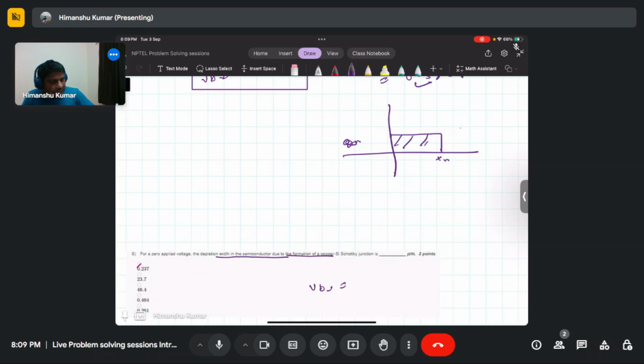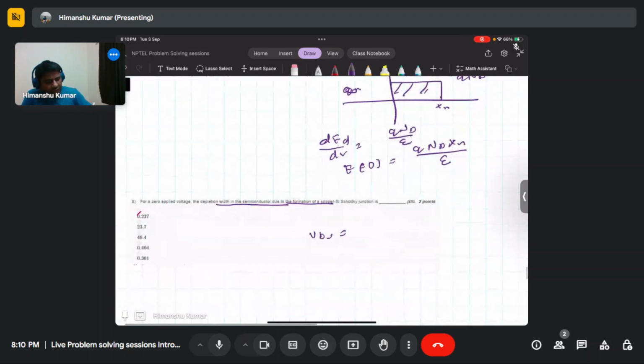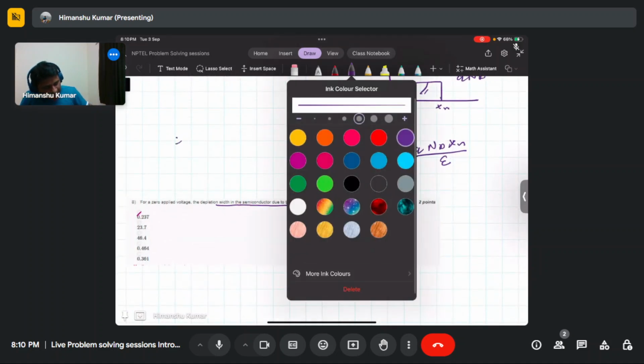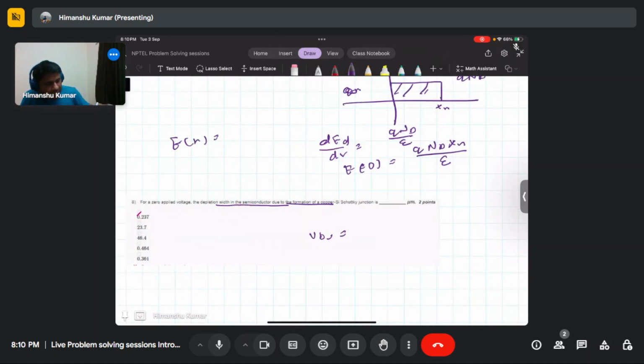So dE by dx equals QND by epsilon. If you integrate this, E at 0 is QND times xn by epsilon, and E of x you can write as QND by epsilon times (x minus xn).